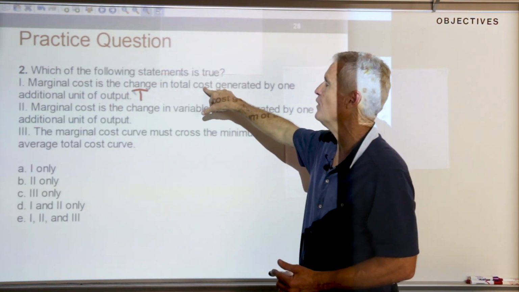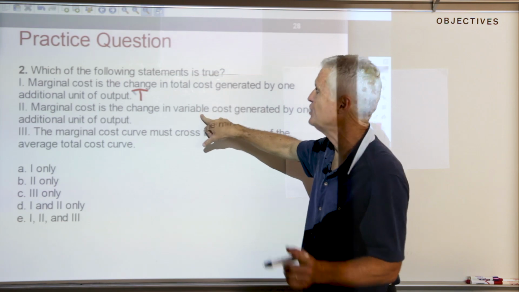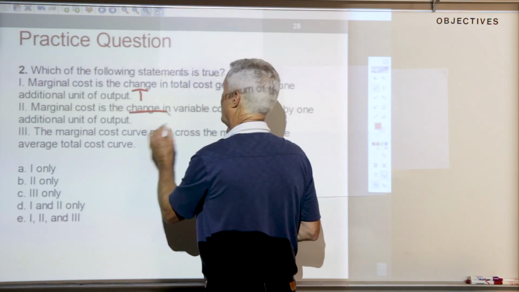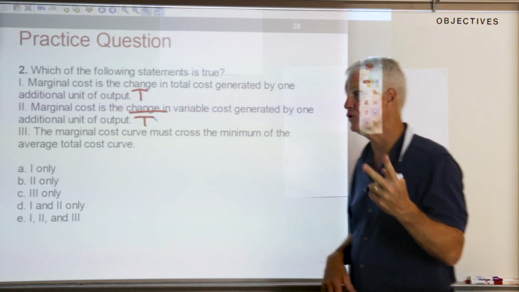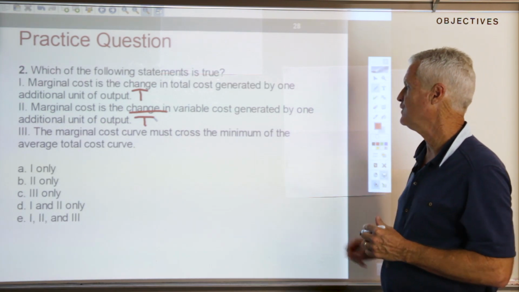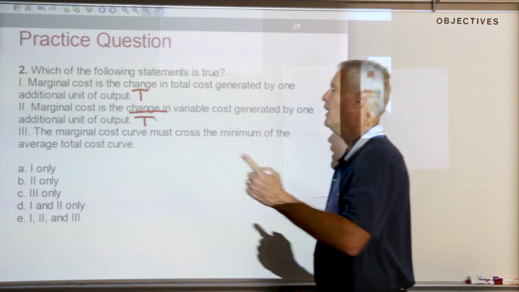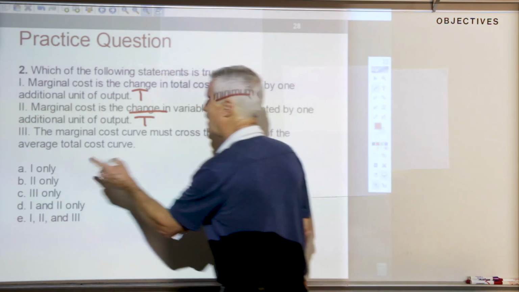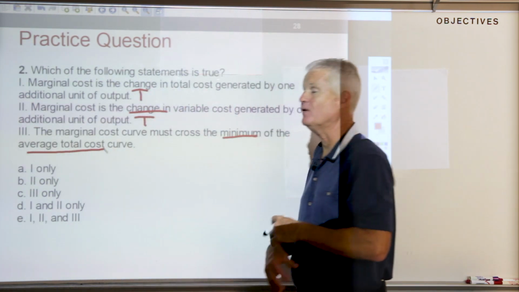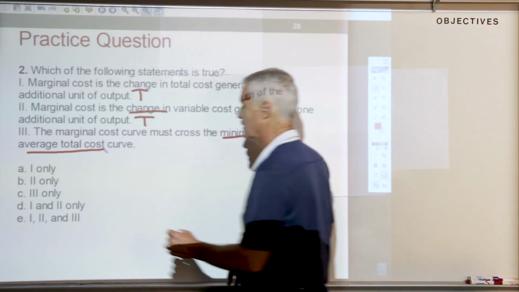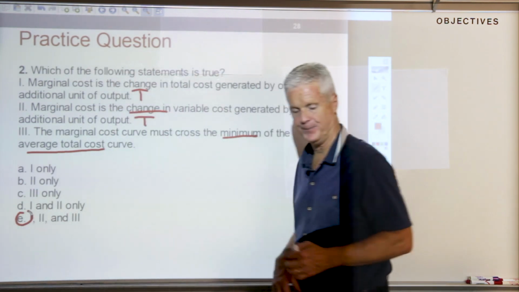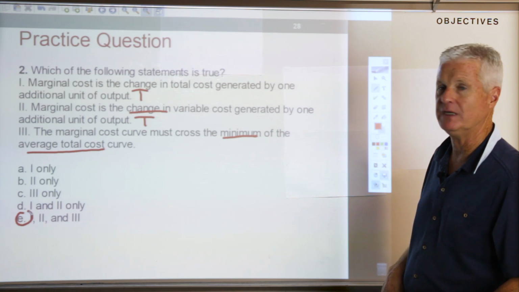So the change in total cost and the change in variable cost are identical. So they're both true. Marginal cost curve must cross the minimum of the average total cost curve, right? Always the minimum, average total cost curve, not total cost, average total cost curve. They're all true. Those are just important facts you need to know.